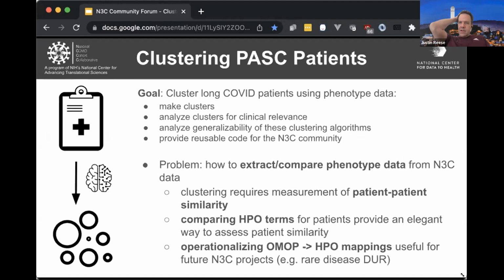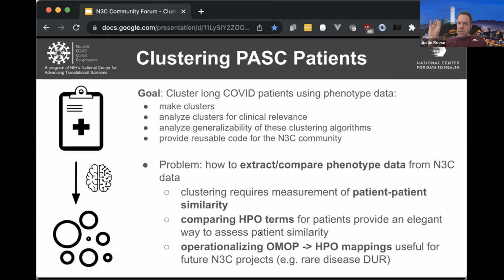But the first problem, if you're going to do this, is to extract and compare phenotype data from N3C data. And that requires some measurement of how similar two long COVID patients are. There was tooling made, I'll get into this in a second, by Tiffany Callahan and Andrew Williams, specifically OMOP to OBO, that allows you to actually extract HPO terms mostly from the condition era table.